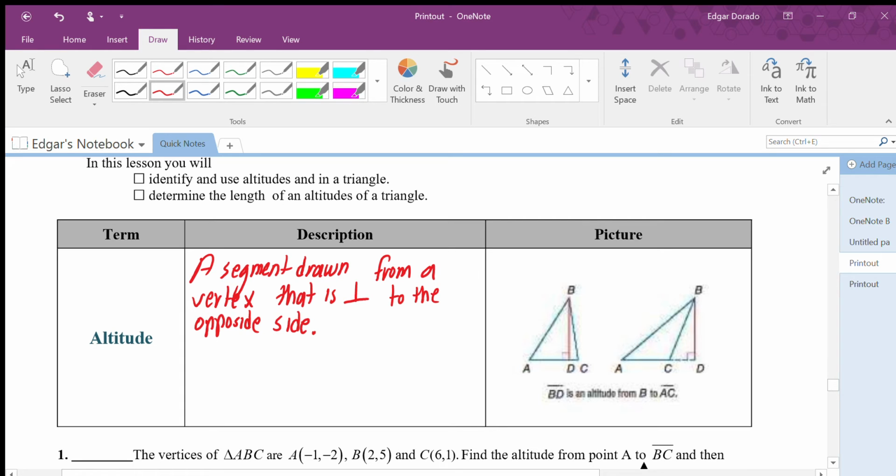Okay, and then just as a little bit more of a definition, an altitude can be on the interior or exterior of a triangle.